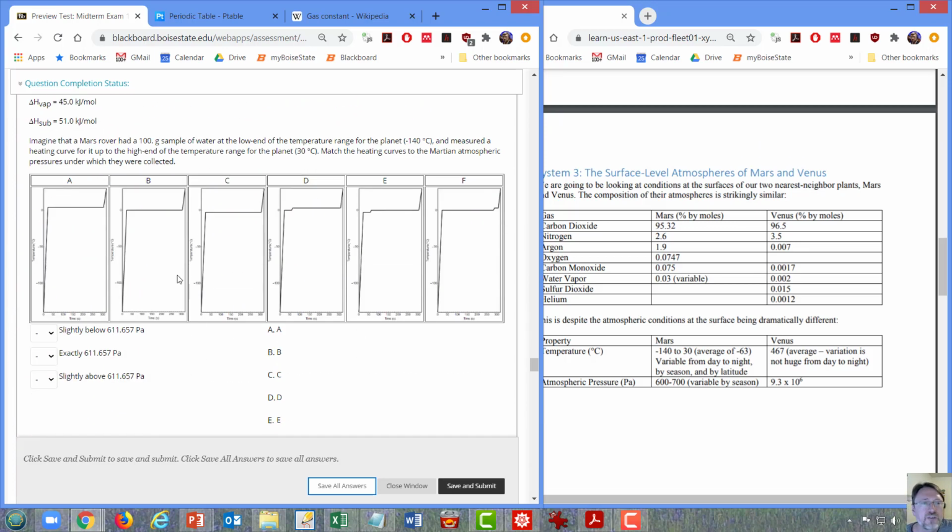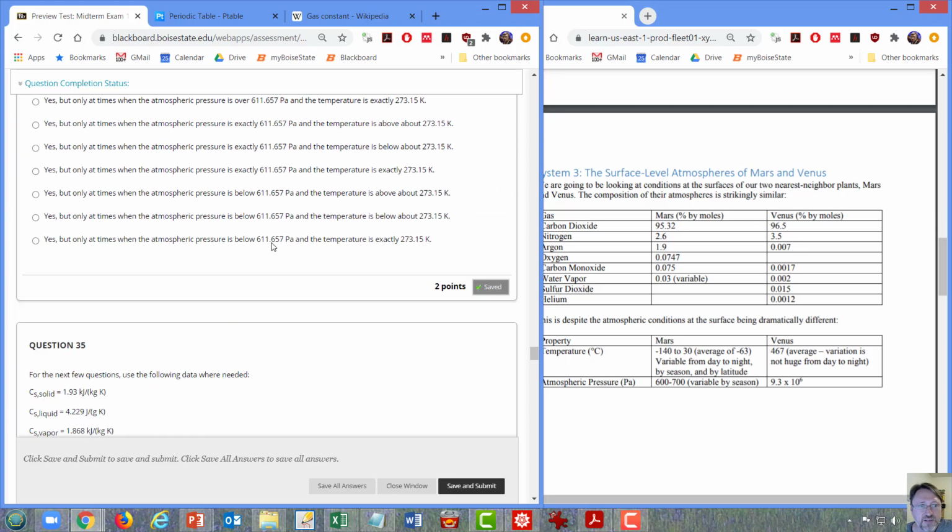So we are looking for a case where there is only a single phase transition, which is A through C, and we want one that is slightly below 0 degrees, and that is going to be C. So slightly below the pressure is going to be C. Slightly above the pressure, we are going to have 2 phase transitions.